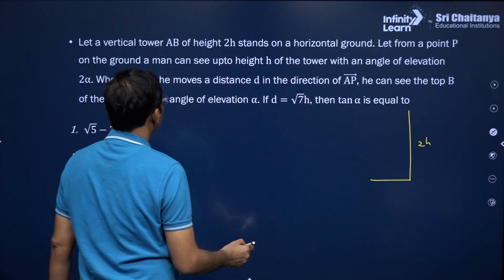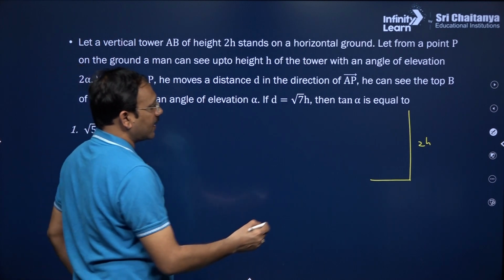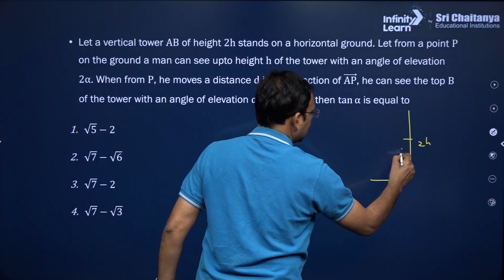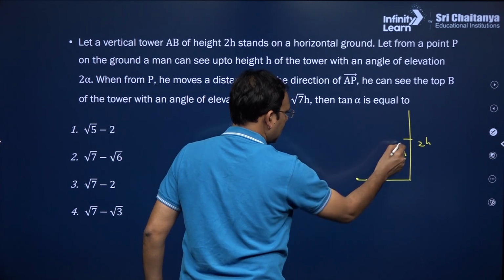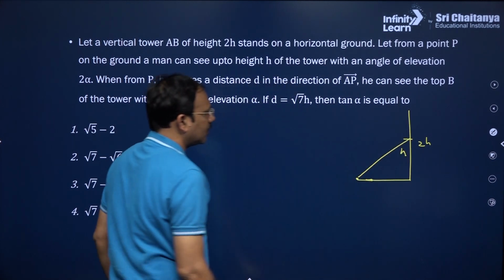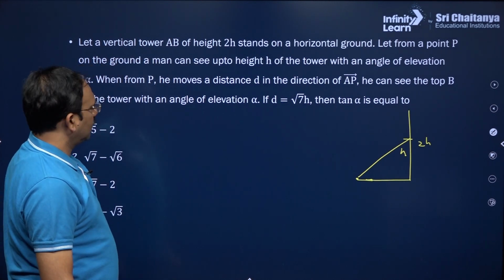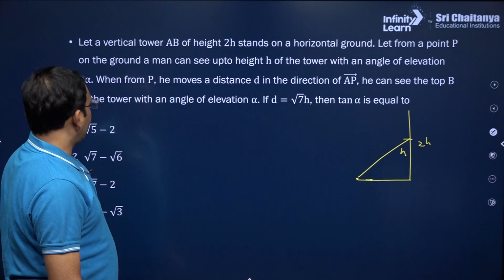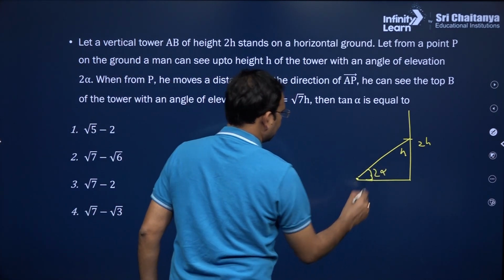Suppose this height is h, this height is h, a man can see up to height h here with an angle of elevation, this is 2 alpha, fine.